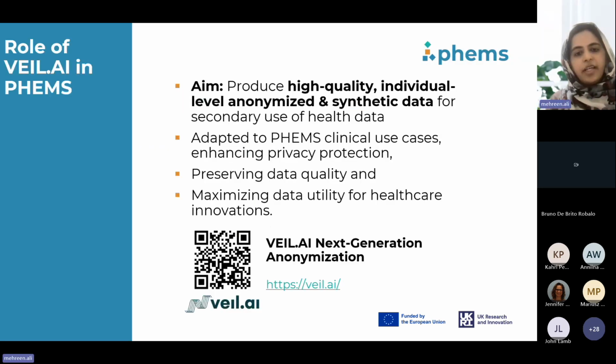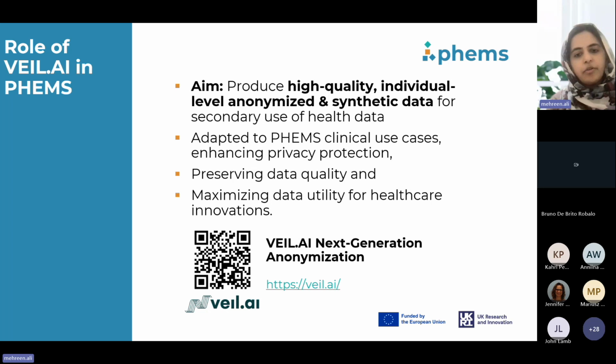Now let's look at the role of Whale AI in PHEMS. In the PHEMS project, Whale AI aims to produce high-quality, individual-level anonymized and synthetic data for secondary use of healthcare. And these datasets are then tailored to PHEMS clinical use cases, enhancing privacy protection. Through PHEMS, we are also maintaining the data quality and maximizing utility of this anonymous data for healthcare innovations.